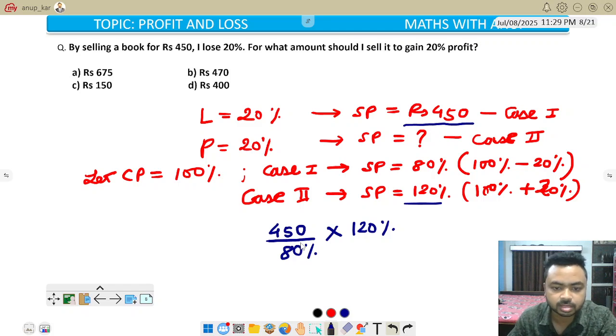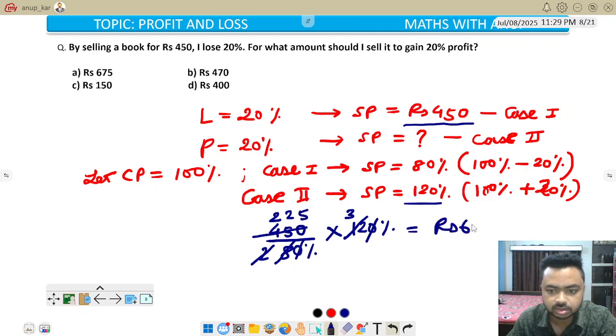Okay, this 0 and this 0 get cancelled out, so we'll get 4 2s, 4 3s, and it will be equivalent to 2, 2 is a 4, 2 2 is a 4, 105, which will come out to be rupees 675. Okay, this will be my answer. I hope it is clear. Let's proceed to the next question.